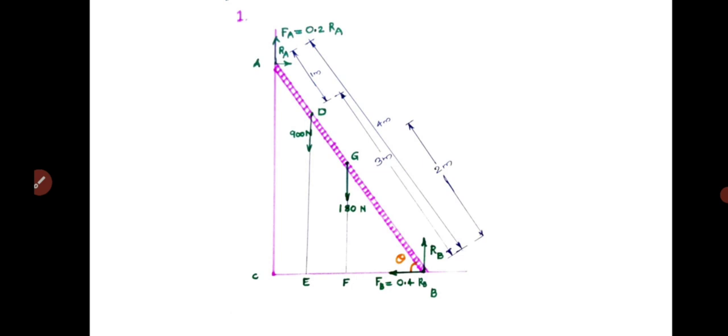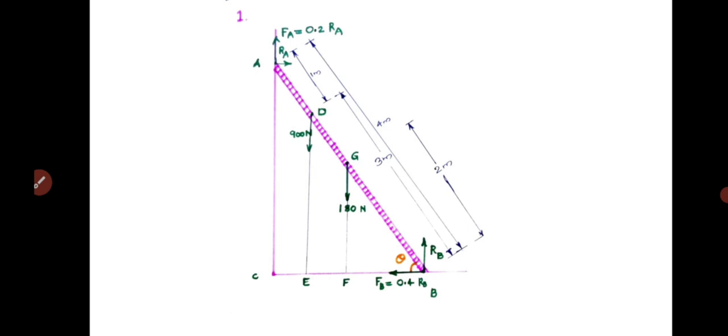Now if you drop a perpendicular line from D to the floor, it will meet the floor BC at E. So DEB is a right angle triangle, right angled at E. Taking cos theta as adjacent side by hypotenuse, the adjacent side is BE and the hypotenuse is 3.